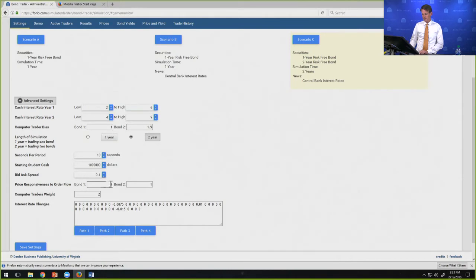This is a market making parameter. Then there are interest rate changes, which is where you're baking in the news that's coming out on the cash interest rate. So there's going to be a negative 0.75% interest rate news that comes in on week 9, and then another one of plus 1.5 in week 40 or whatever that is. Those are the different advanced settings.